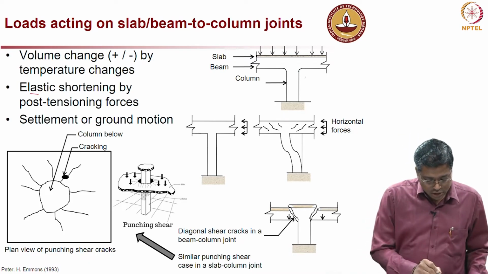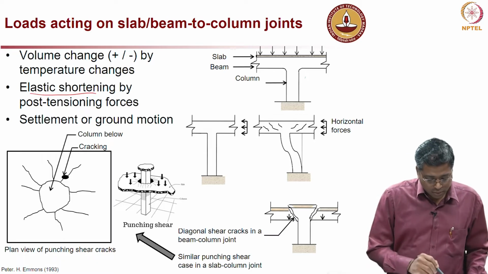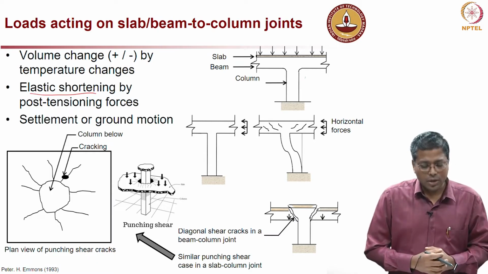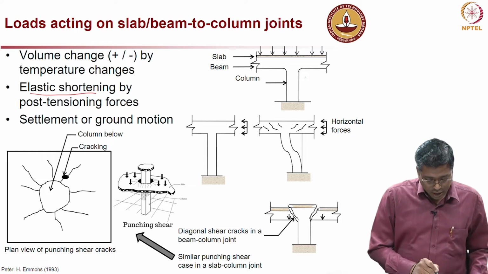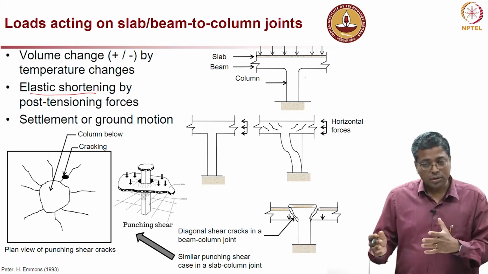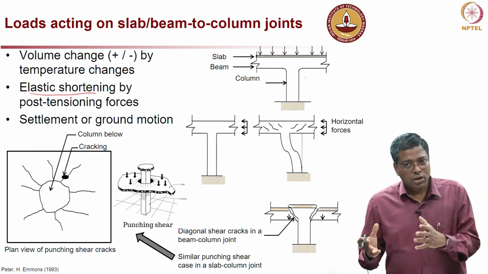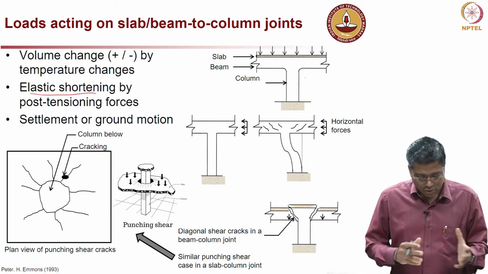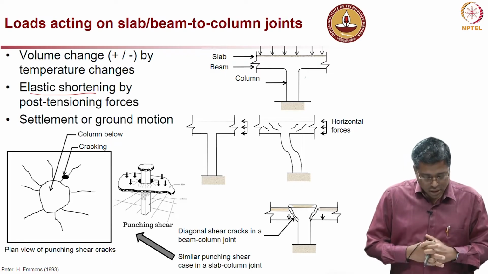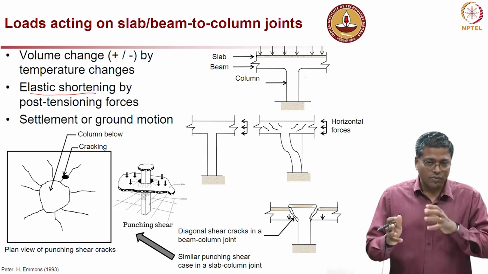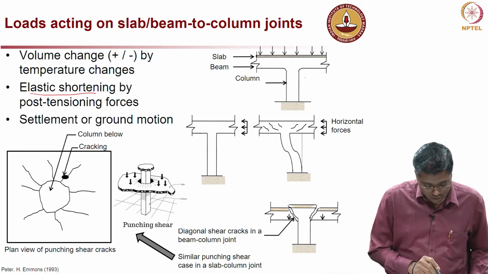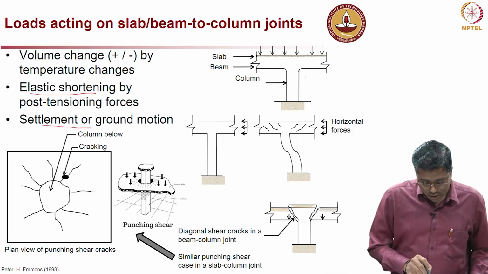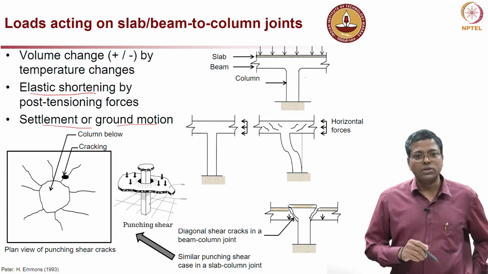Also, elastic shortening can lead to some stresses, because it might pull some other member. Because of post-tensioning forces, you have to look at how the different elements are interacting with each other. Settlement or ground motion is another thing which leads to stresses.